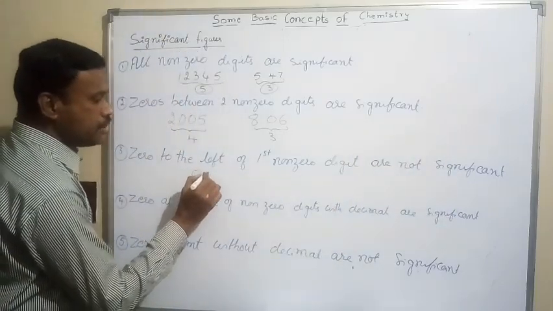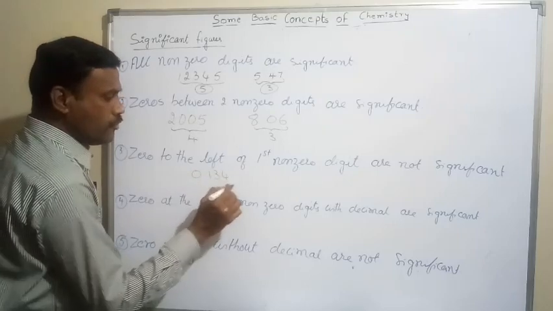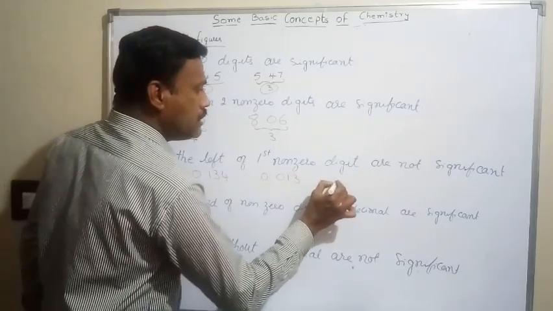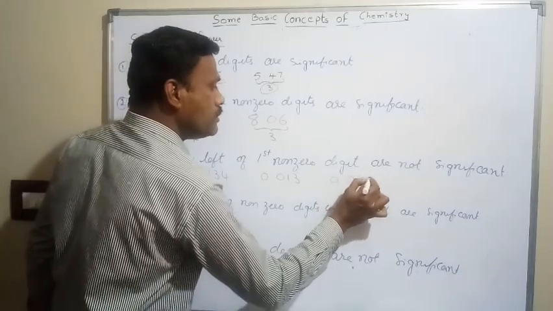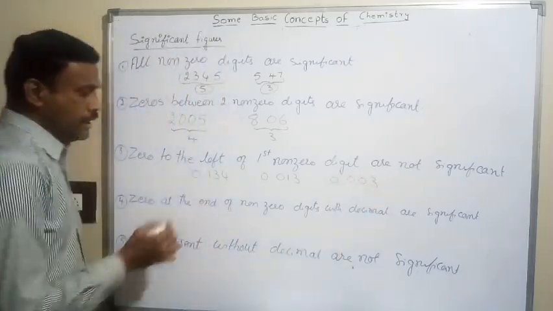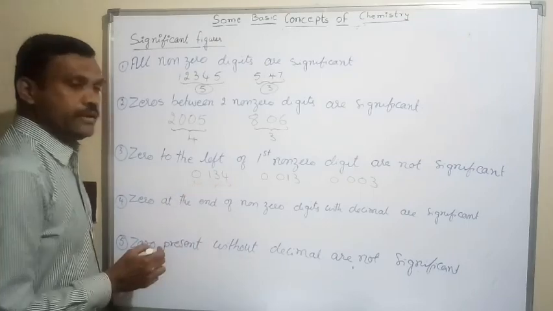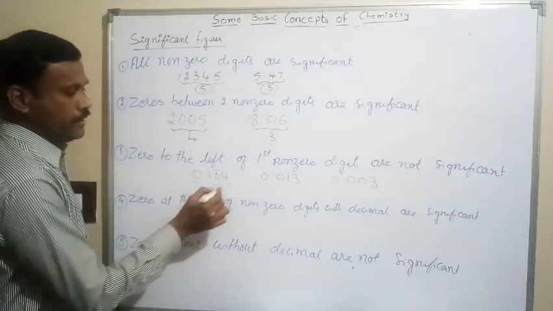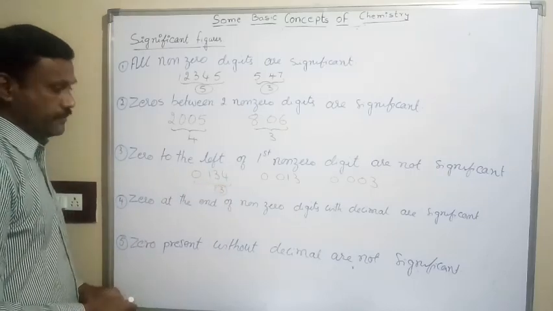Third rule says zeros to the left of the first non-zero digit are not significant. For example, 0.134, 0.013, 0.003. The number of significant figures here is 1, 2, 3, so 3 significant figures.